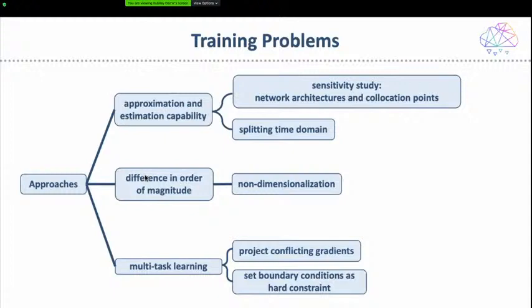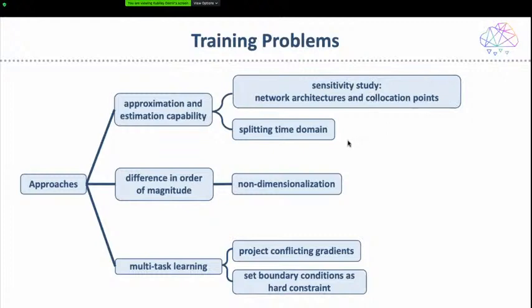So for each of these issues, they have different approaches to work around them. For the approximation, which is the capability of the network, and the estimation, which is mostly focused on the collocation points, they do a sensitivity study where they test different network architectures to see how they influence it, and also the number of collocation points, and see when they reach the lowest loss, which we'll see later.